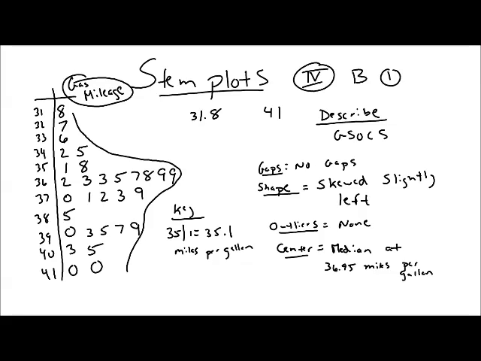And spread, if I use median, I use IQR. And there's a later lesson where I tell you that IQR is Q3 minus Q1. Q3 is 39.3. Q1 is 36.2. So 39.3 minus 36.2 is 3.1.